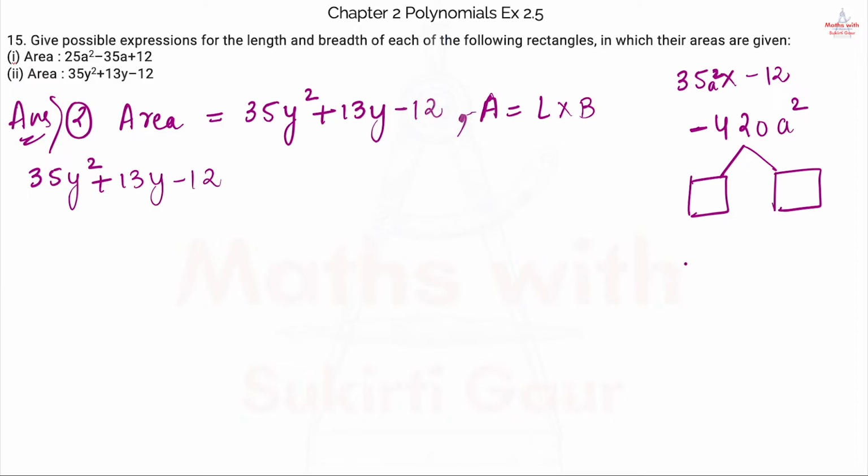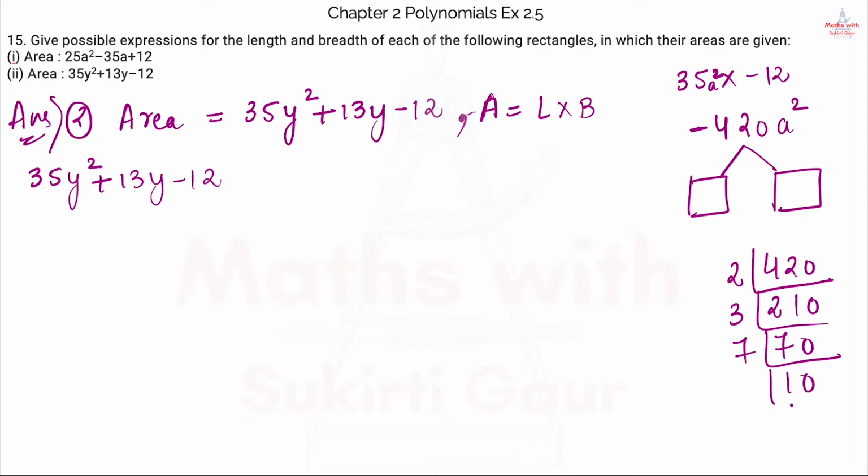Now if I try to write some numbers such that the product is 420, how would I get? Let us take LCM here, because it is a number we can't do in mind. 420 factors as 2 times 2 times 3 times 5 times 7. Now if I try to make a pair, we want plus 13, right?